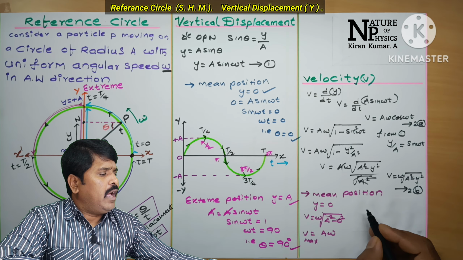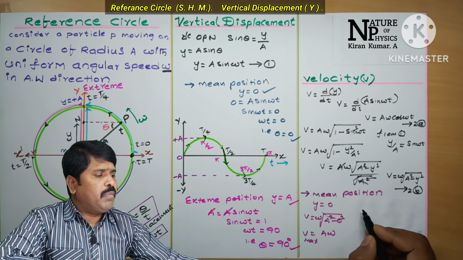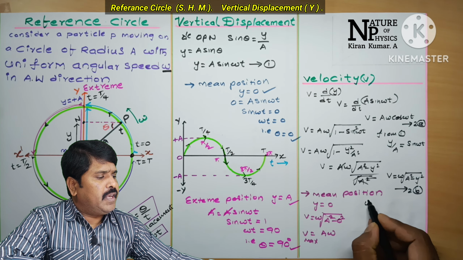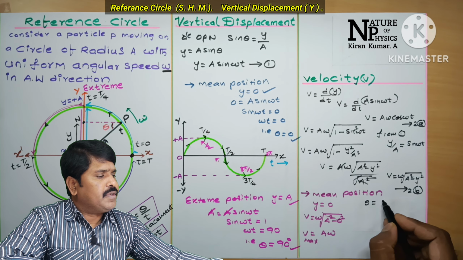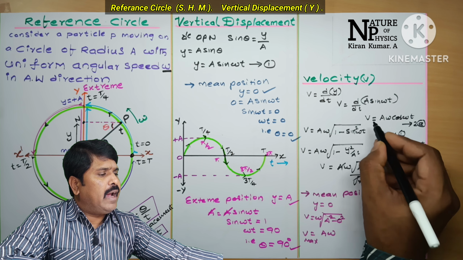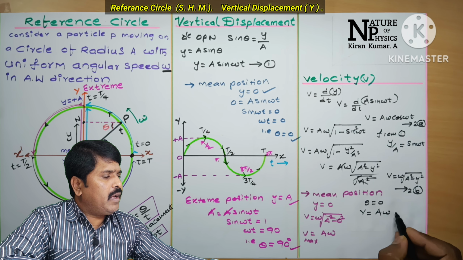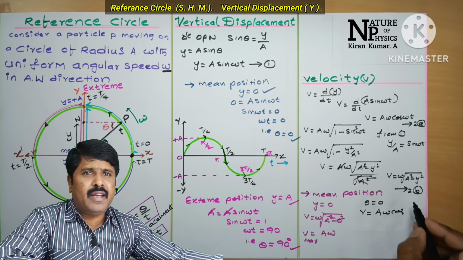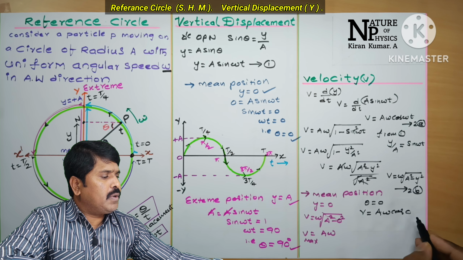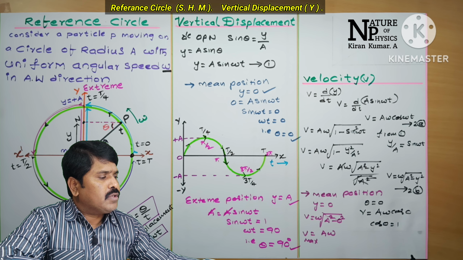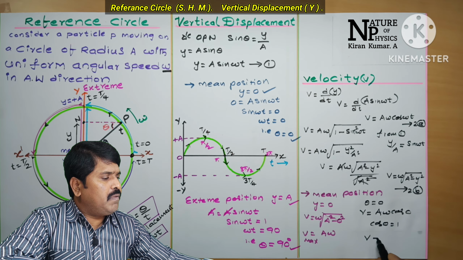In continuation I am going to find the mean position with respect to the first equation, so theta is equal to how much there? 0 degrees, and the equation is v equal to a omega cos omega t. Omega t is equal to 0, cos 0 is equal to 1, so I get the velocity v equal to a omega.